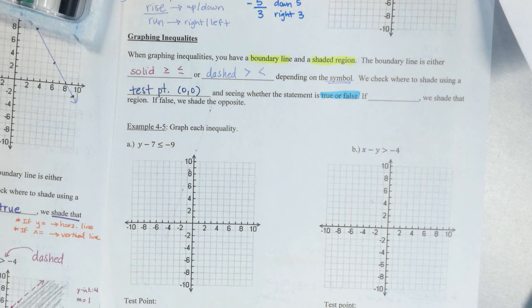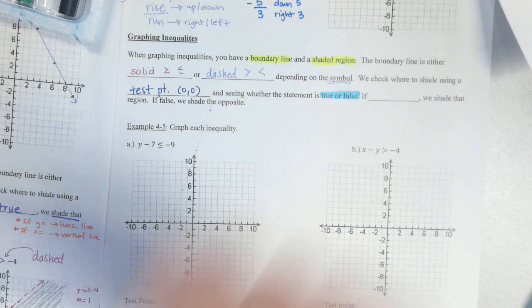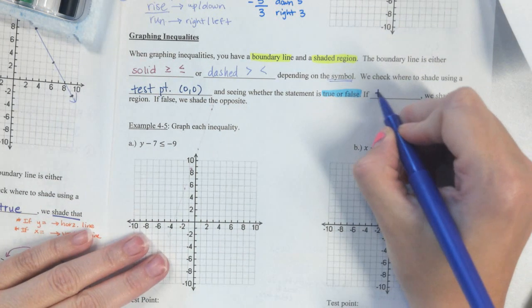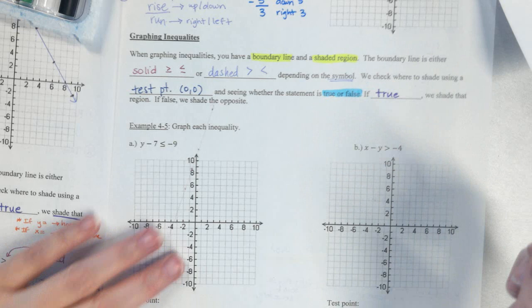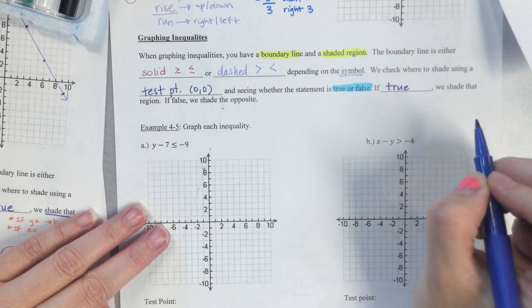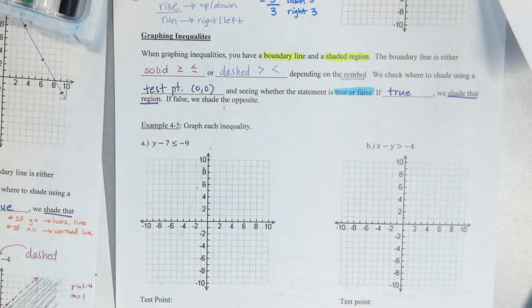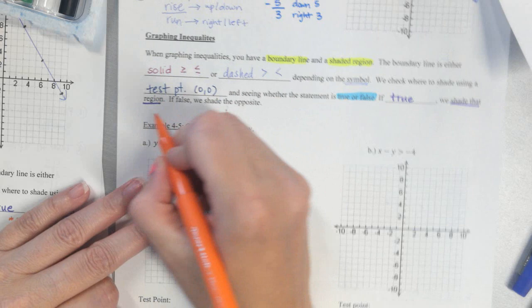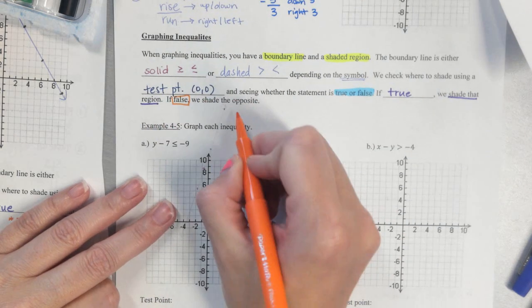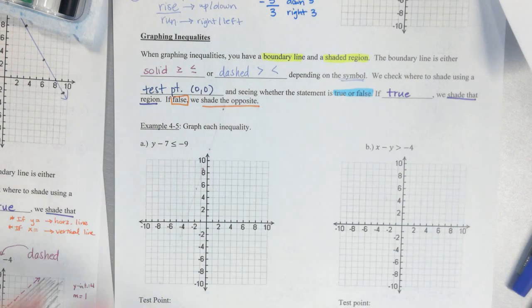Now, if your inequality is true, you are going to shade that region. But if it is false, we are going to shade the opposite region. Okay, and we'll practice that.